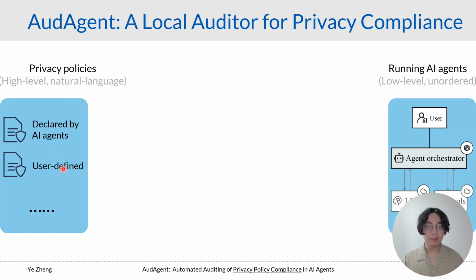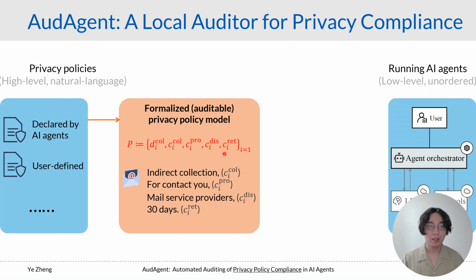The biggest challenge is that there's a big gap between these high-level natural language privacy policies and the low-level unordered data flow in running AI agents. So we need some techniques to bridge them. On the high-level natural language privacy policy part, first we need an auditable privacy policy model.